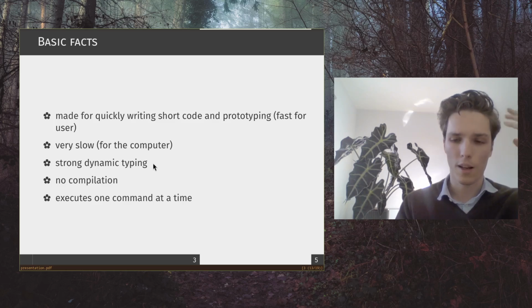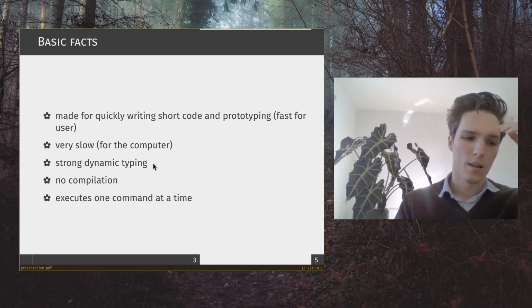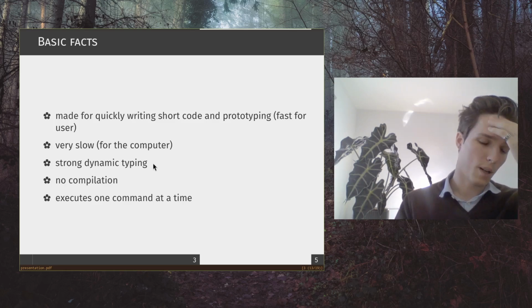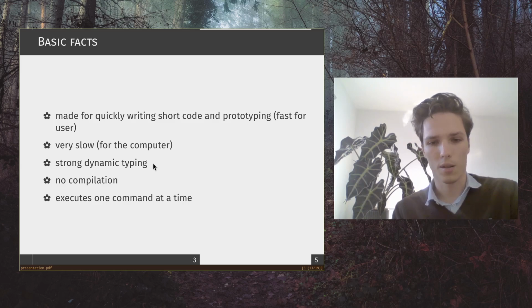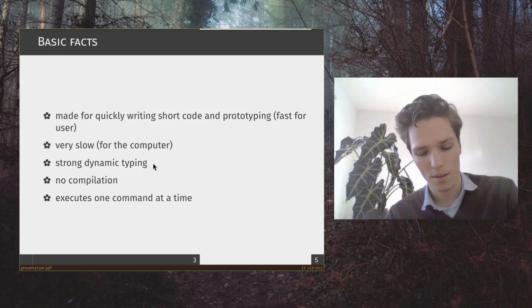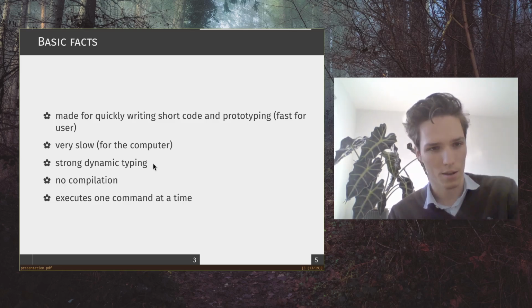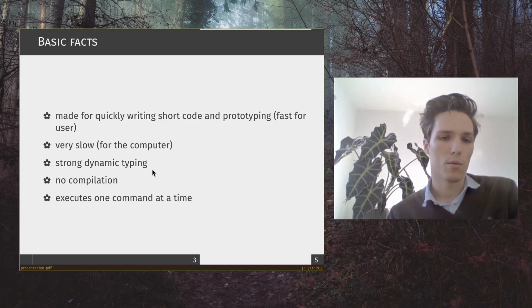Even in lists, you can have many different heterogeneous types of objects, and Python just eats that. The way this works is that every time you assign a new value to a variable, it's copy constructed, and that's the part that makes it slow.